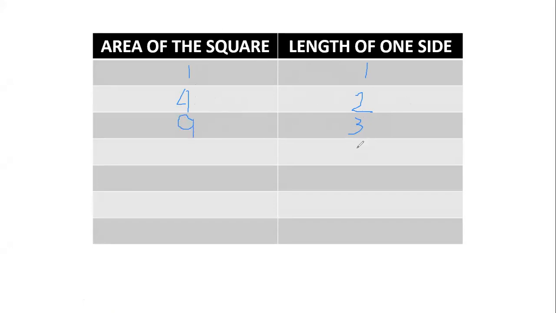Moving on, if you have a length of 4, the area is 16. If you have 5, the area is 25. If you have a length of 6, the area is 36. And if you have a length of 7, the area is 49.